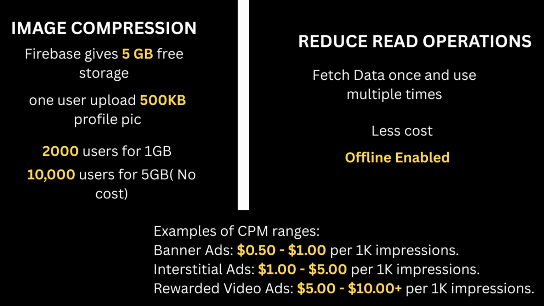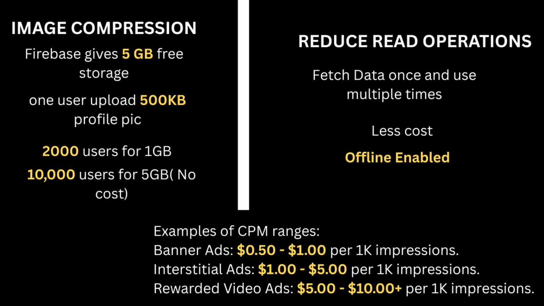If you are showing rewarded video ads and you have 10,000 users, you can simply make $10 per 1000 impressions. It means 10 into 10, so you can have around $100. If you are showing rewarded video ads, you can make $100 every month, and you have to pay $0 for Firebase cost.